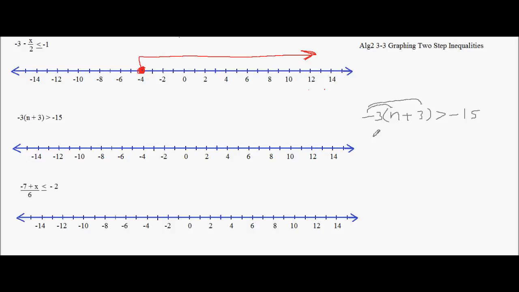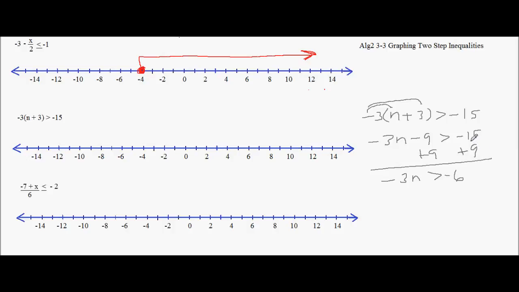But I'm going to distribute, because that's what we usually do. And I get this. Negative 3n, negative 3 times 3 is negative 9. I'm going to add 9 to both sides. I get negative 3n is greater than negative 6.